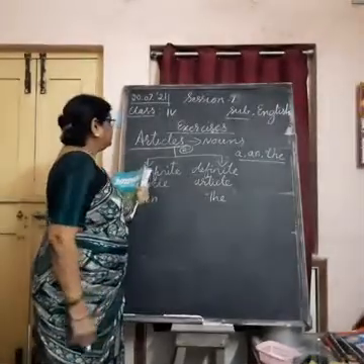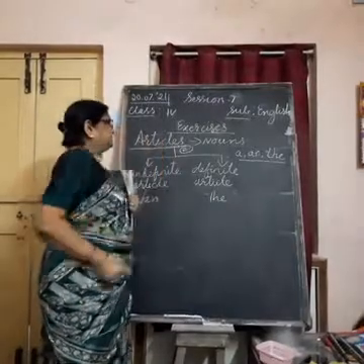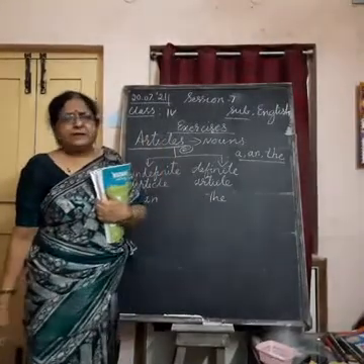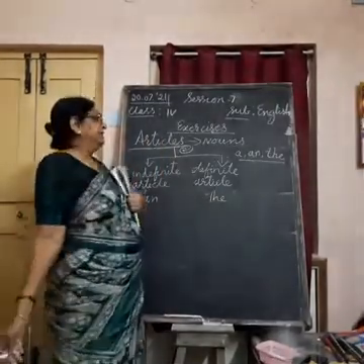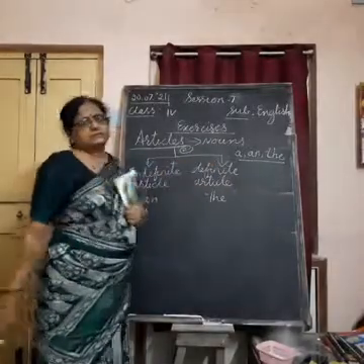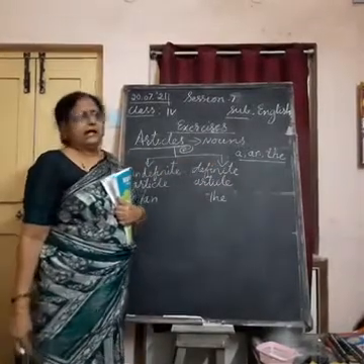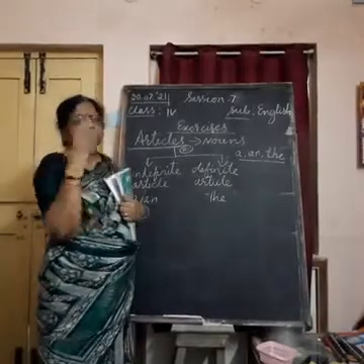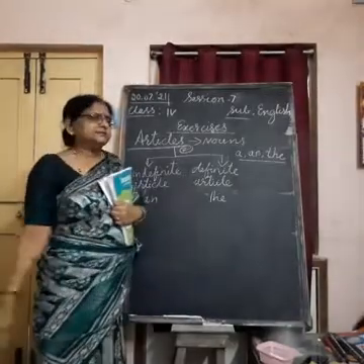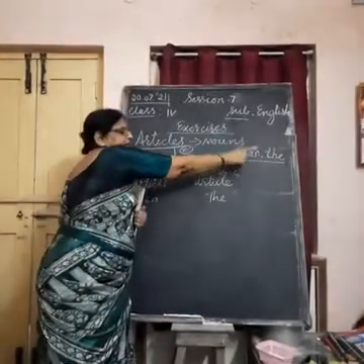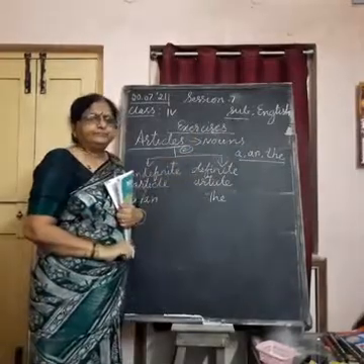First, what we know, articles are one of the topics in grammar. They are used with nouns. And there are three articles we use in our sentences. They are a, an and the.